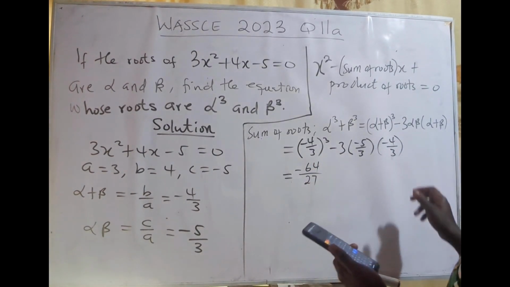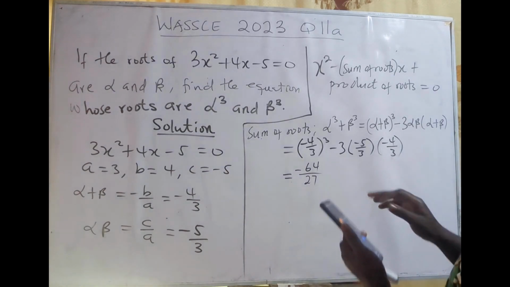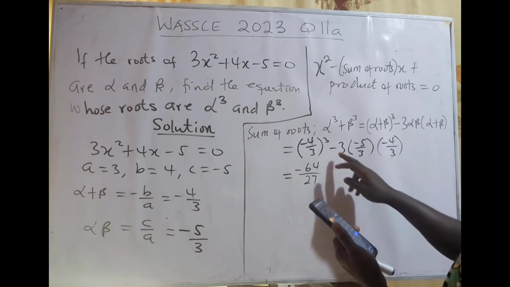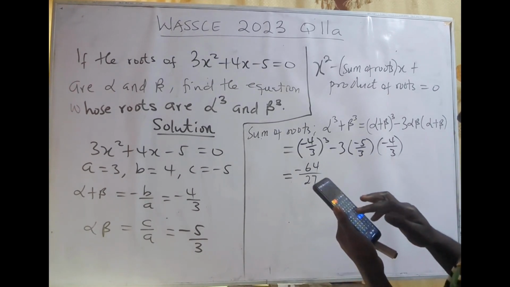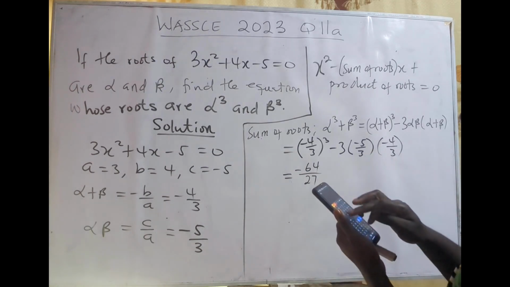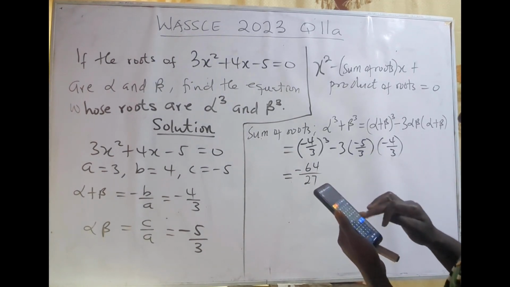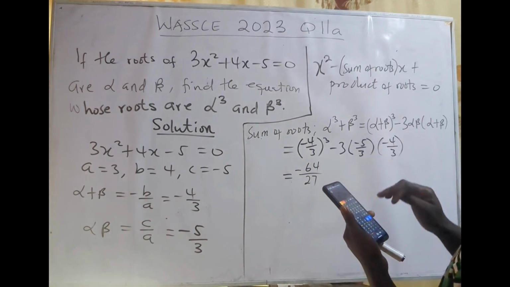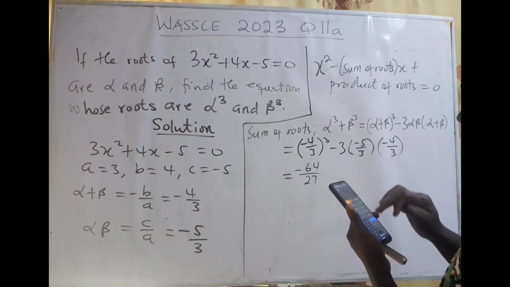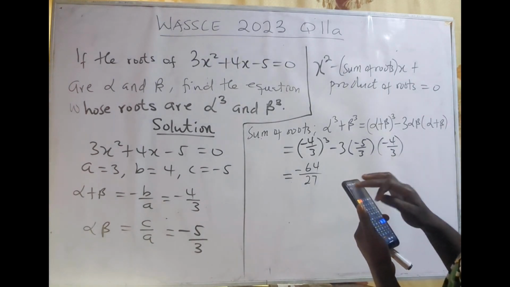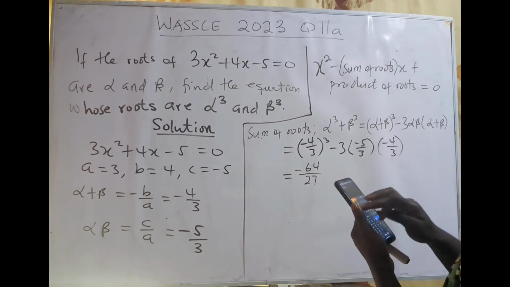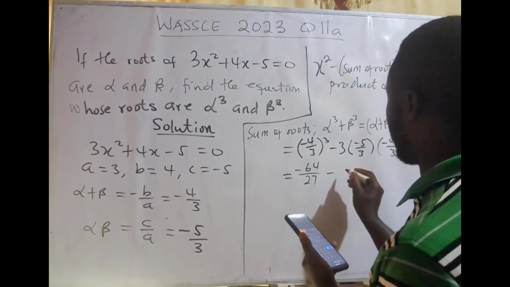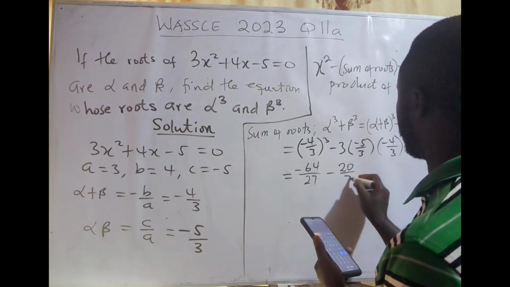Then we multiply this. Alright, so we will have negative 3 multiplying minus 5 on 3 and then also multiplying minus 4 on 3, and that will give us minus 20 on 3.